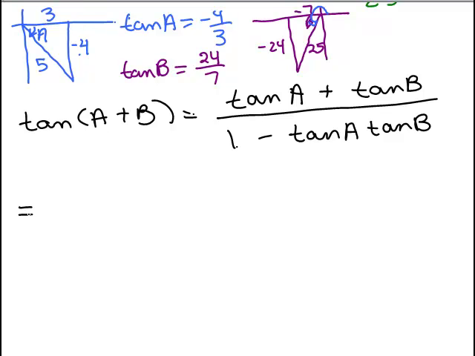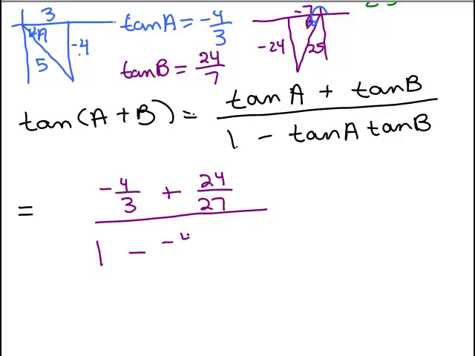So we want the tangent of A. So I'm going to do -4/3 plus the tangent of B, which is 24/7 all over 1 minus the product of those two numbers, -4/3 times 24/7. It's not 27ths, it's just sevenths. Okay, sorry.